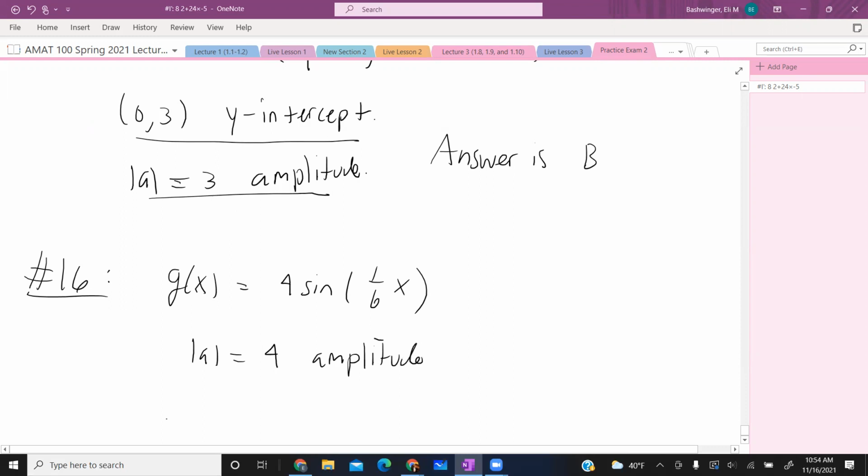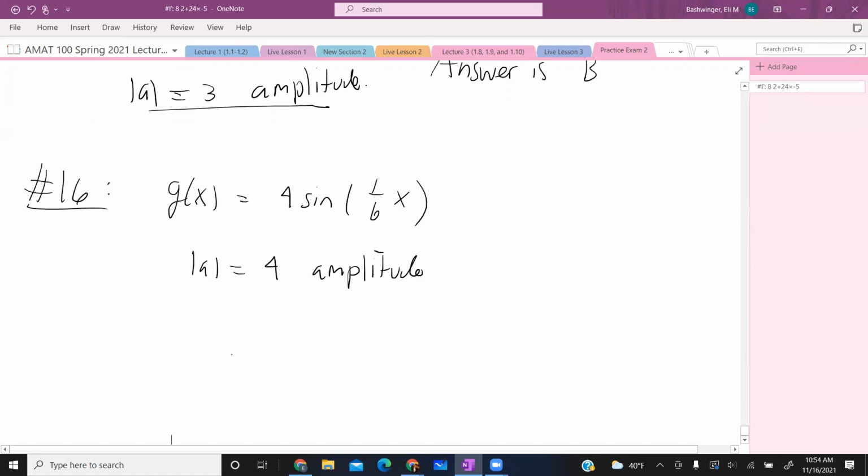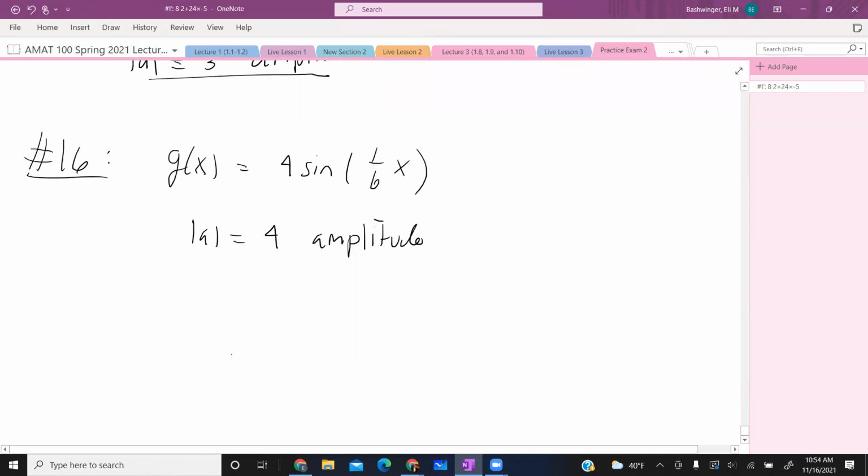So it should pass through the lines y = 4 and y = -4. And then the period is 2 pi over 1/6, which is 12 pi.